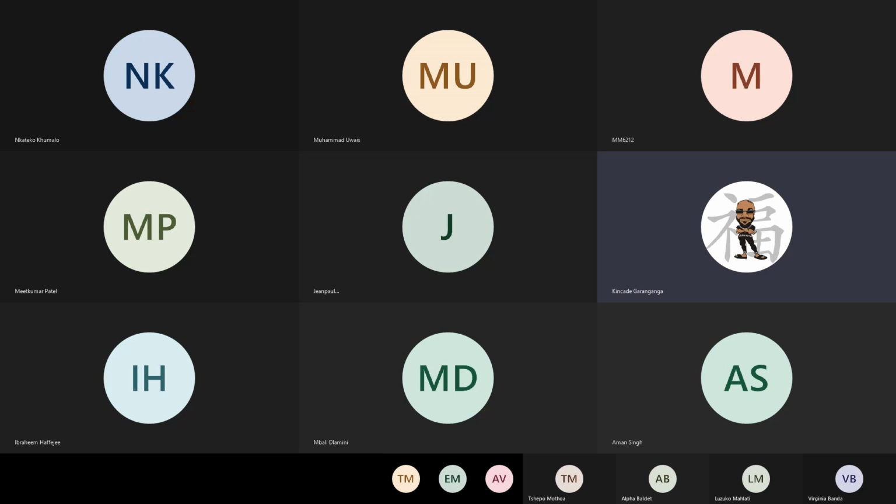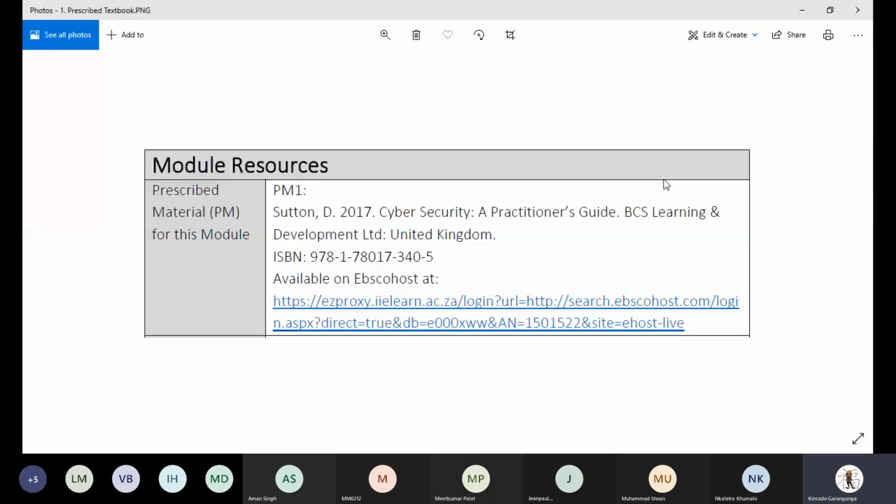So the first thing that you want to look at is the prescribed textbook, which is labeled on screen currently. David Sutton, 2017 edition, Cybersecurity Practitioner's Guide. You also have the EBSCO link there.